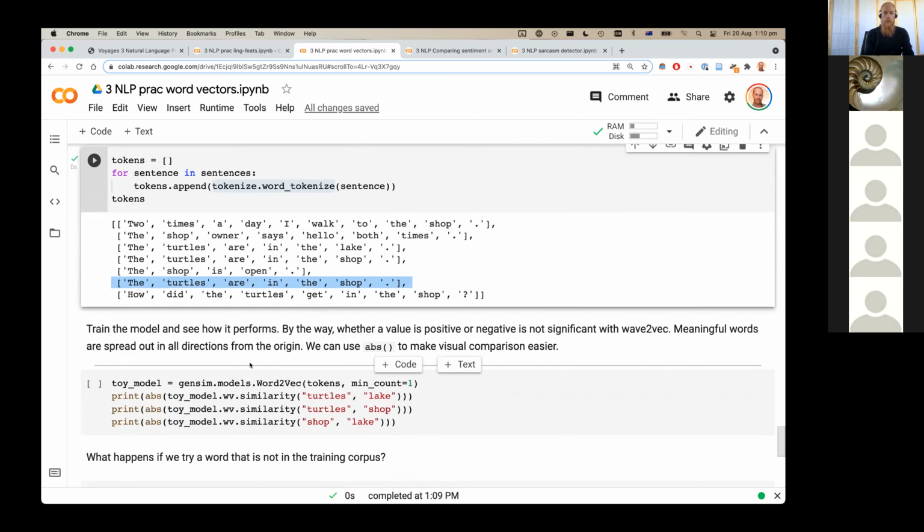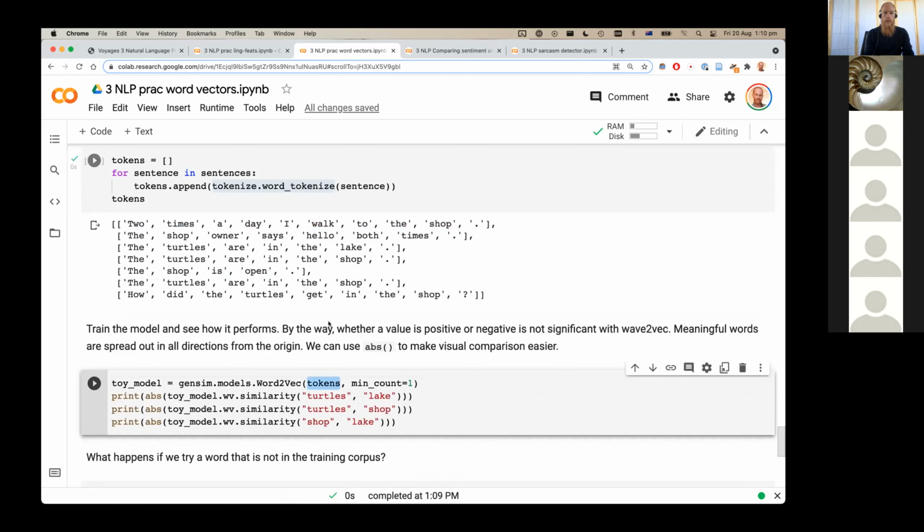Okay, so now we can use that tokens corpus to train Word2Vec. When we're working with a toy corpus, it's important to pass in this parameter, a minimum count. Typically, Word2Vec will ignore any word that has fewer than 5 instances.